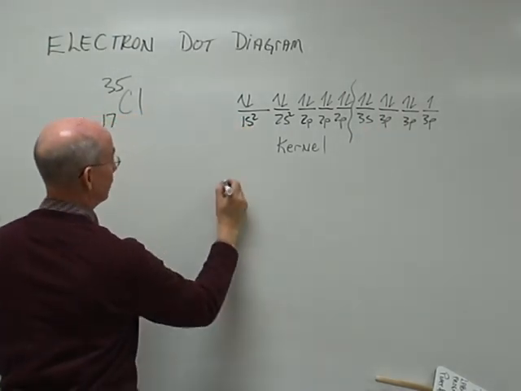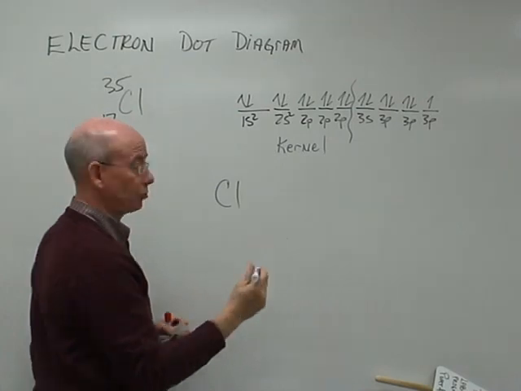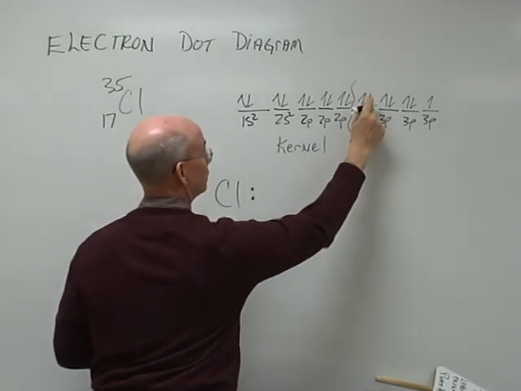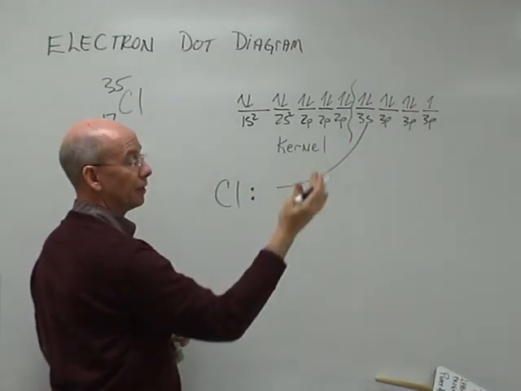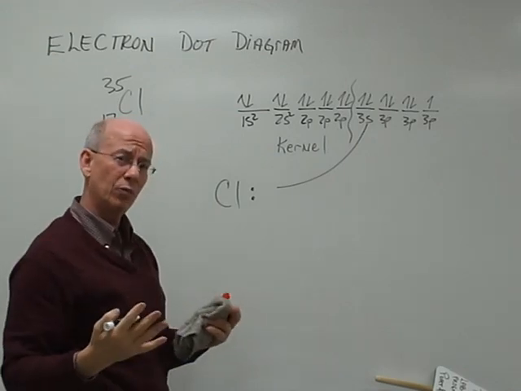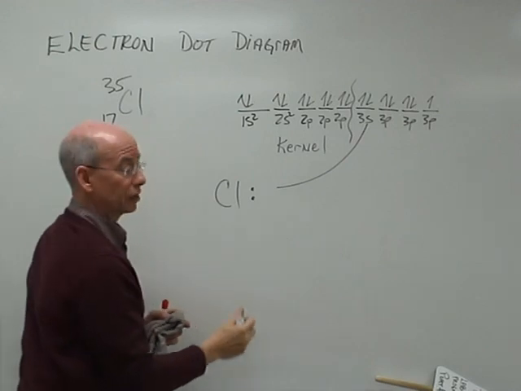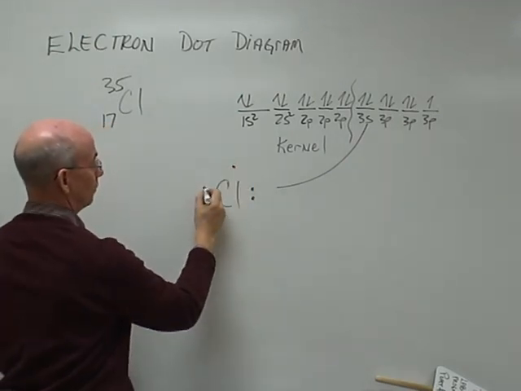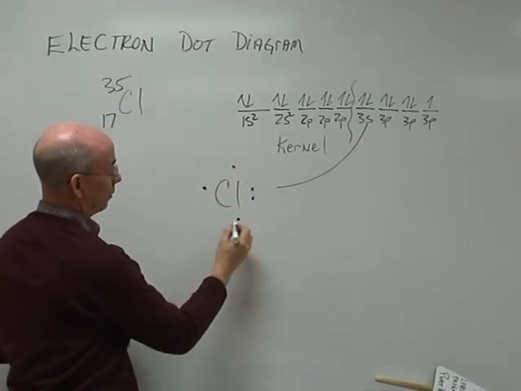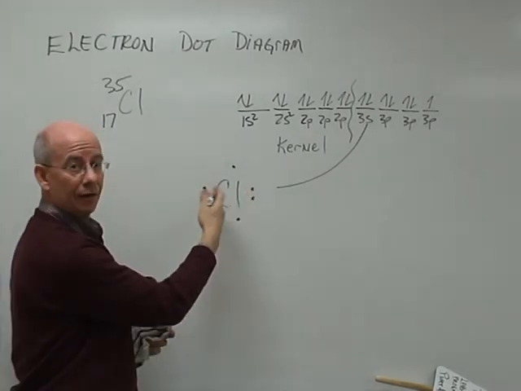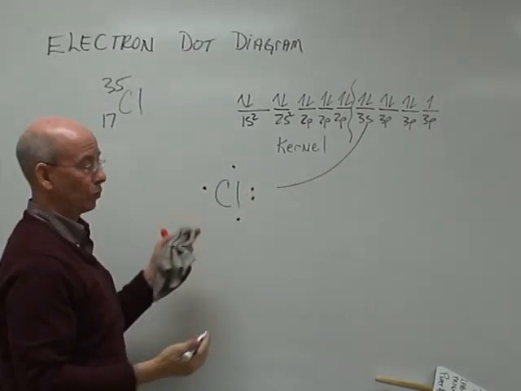How would we write this? We'd have chlorine, we'd put the first 2s electrons right here, that's these. And then the p electrons we'd put in the same way we would the electron configuration using Hund's rule. We have 5 more electrons. There'd be 1 there, then 1 here, and then 1 here. Okay? And then you add the second electron to whatever one you pick.